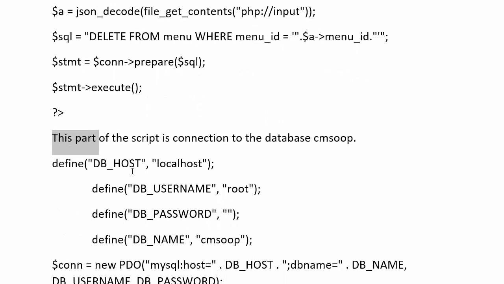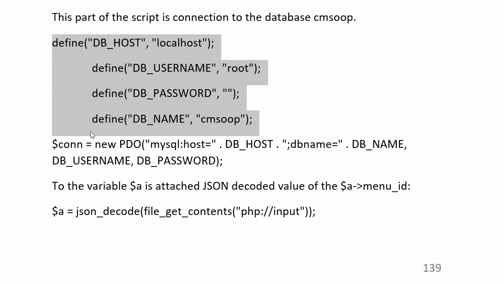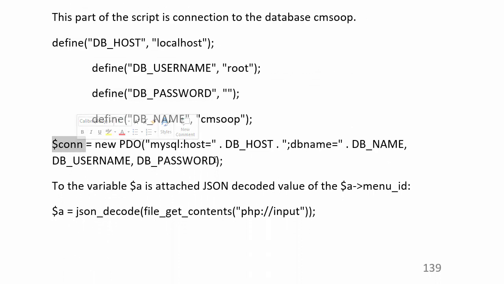This part of the script is the connection to the database CMS OOP. Constant for connection. $connection is a variable object. The content of this variable is the connection.